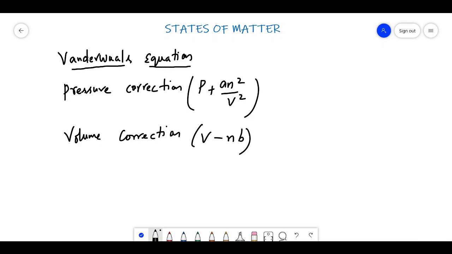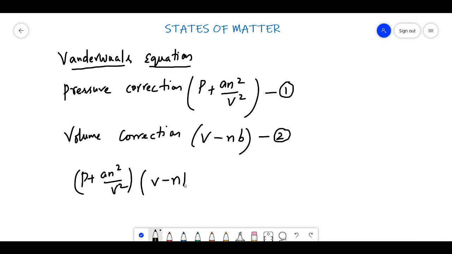Just substitute this pressure correction and volume correction in the ideal gas equation. In the place of P, you write this pressure correction, and in the place of V, we write the volume correction. So now the van der Waals equation can be written as P plus A n square by V square, this is P, and volume correction V minus nb is equal to nRT.